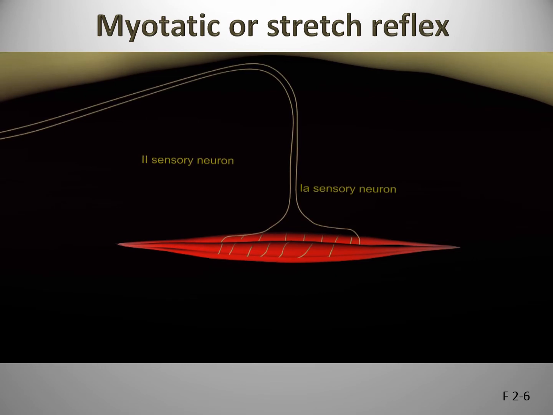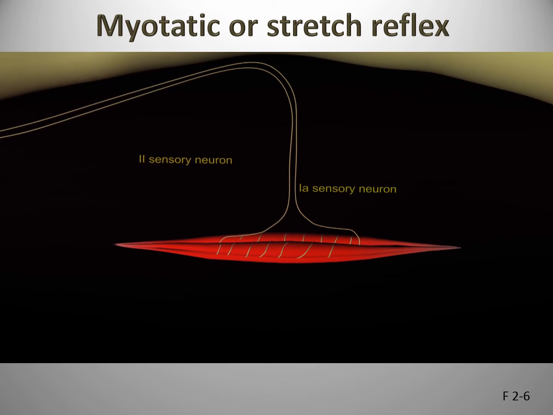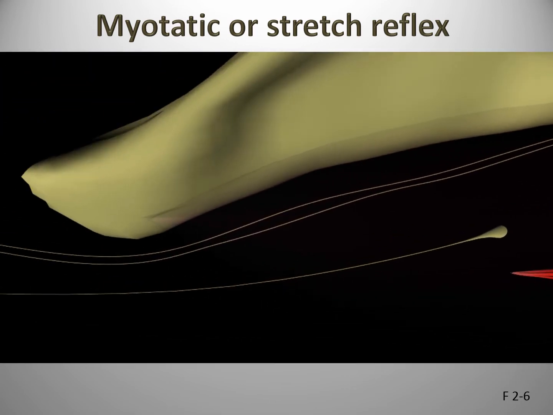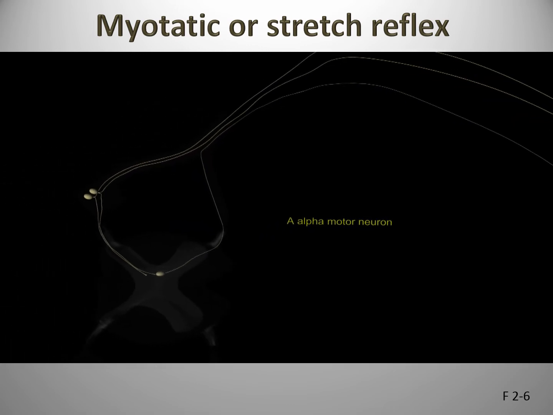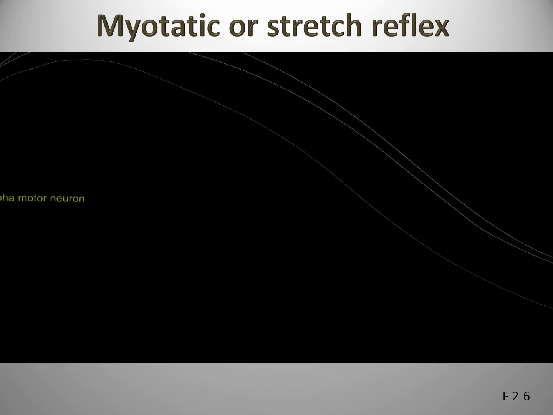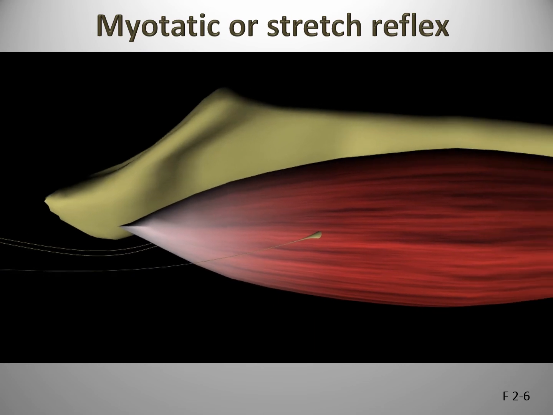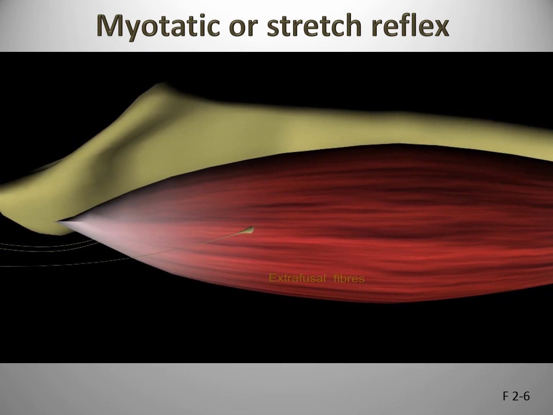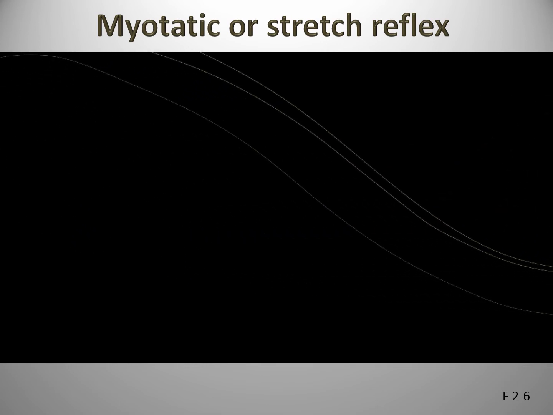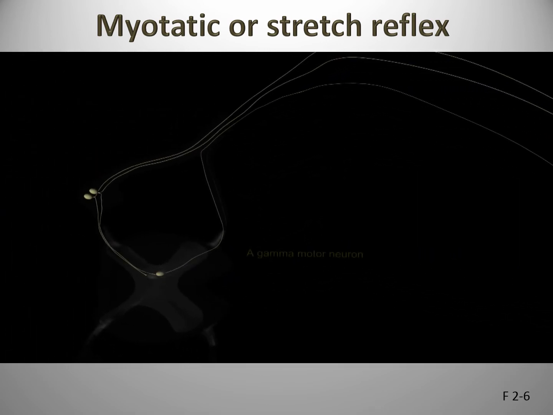The central section is innervated by sensory neurons which synapse in the spinal cord with A-alpha motor neurons, which in turn synapse with the extrafusal muscle fiber in which the spindle is located. The contractile section of the spindle is innervated by a gamma motor neuron.